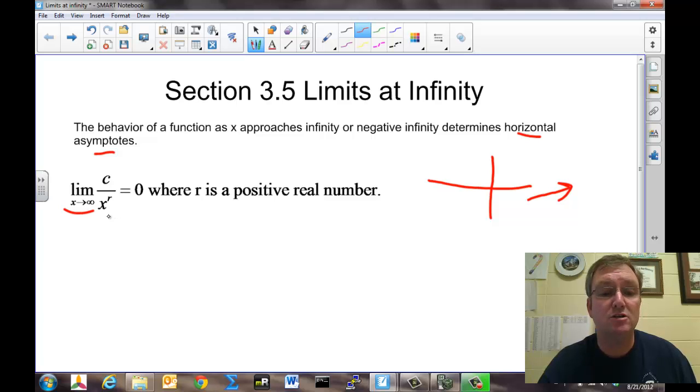As that number gets larger and larger, the entire fraction is getting smaller and approaching the number 0. So anytime that we're asked to evaluate a limit as x approaches infinity, we want to get our algebraic expression looking like this if at all possible, because it'll make it easier to evaluate then.